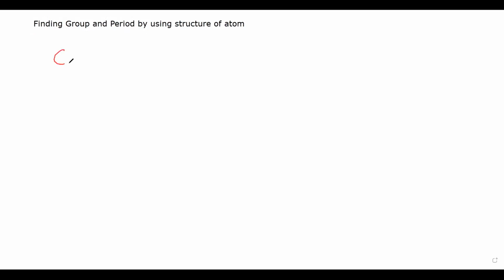If we have calcium, which is 20 and 40, what is A here, the nucleon number for calcium? A is equal to 40. What about Z?